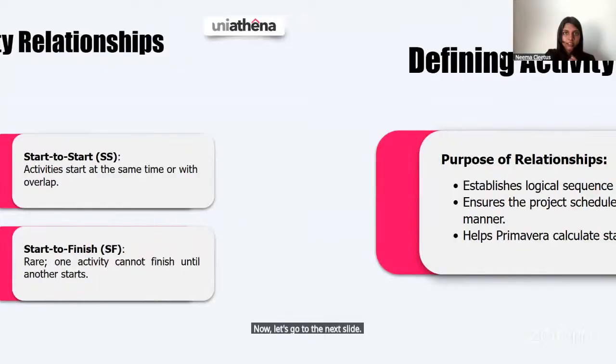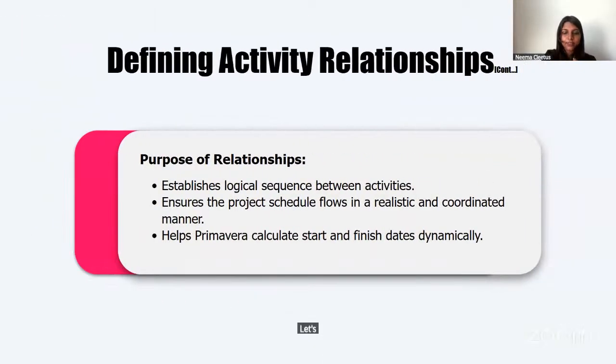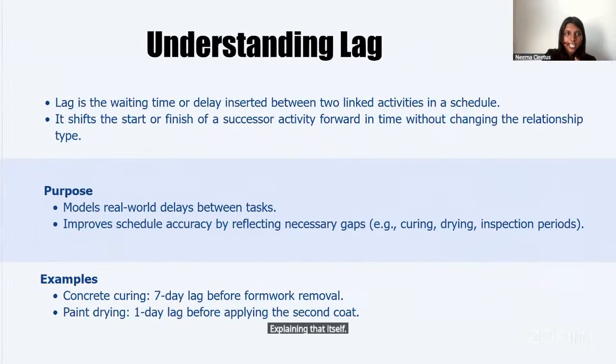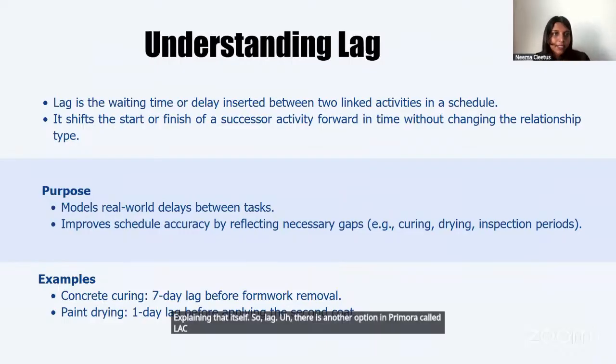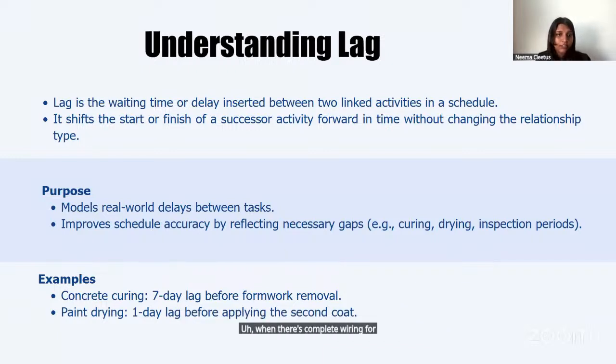That's explaining that itself. So lag. There is another option in Primavera called lag. Lag simply means the waiting time or delay between two linked activities. Lag basically comes for on-site work itself. For example, when there is concrete curing for 7 days, a lag will be there.